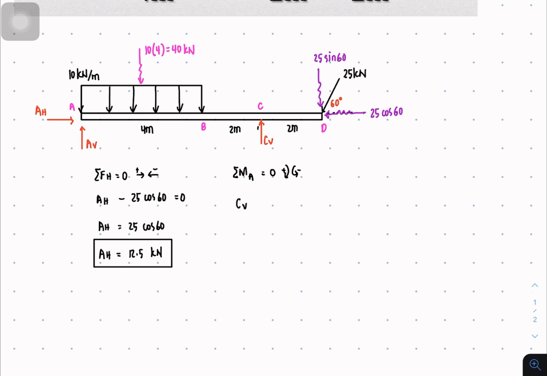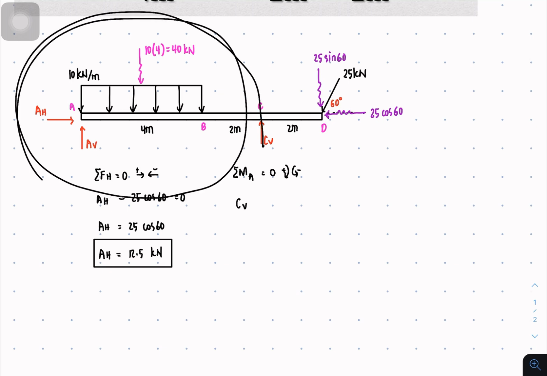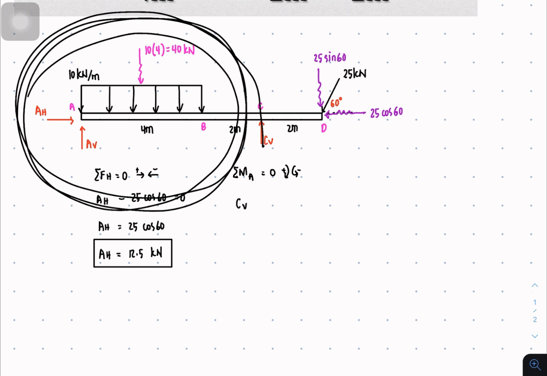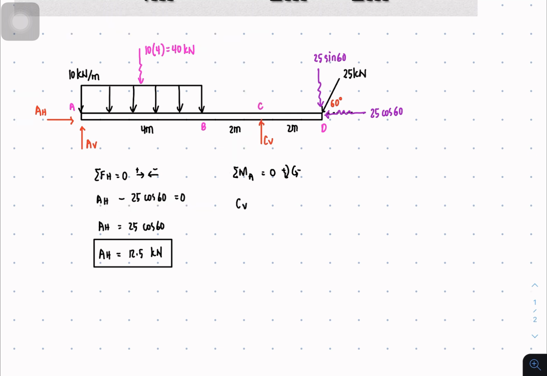the force CV, and it's gonna rotate about point A. So this is the direction of CV, upward, so it's gonna rotate counterclockwise, as you can see in the motion. So counterclockwise, so it's gonna be negative, and the moment arm is the distance of point C from point A, which is 6 meters. Next is this one.